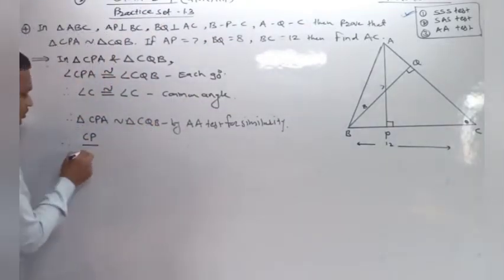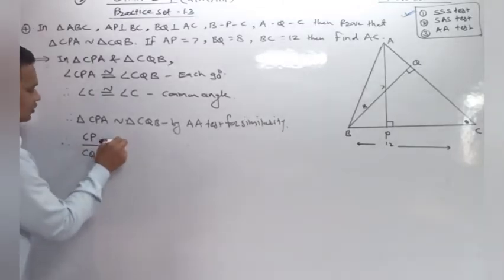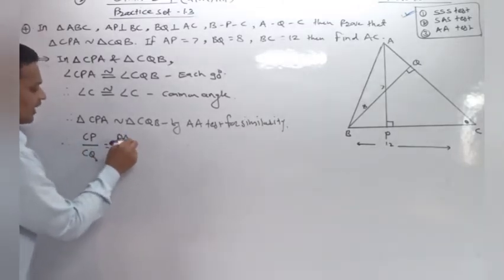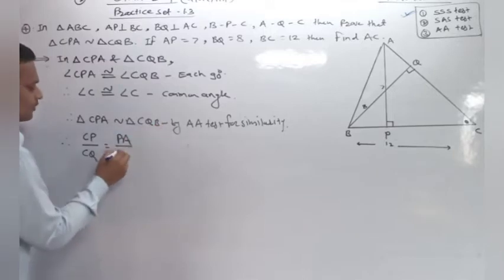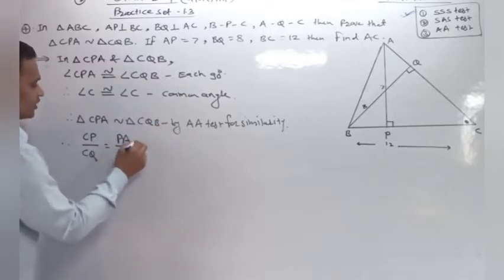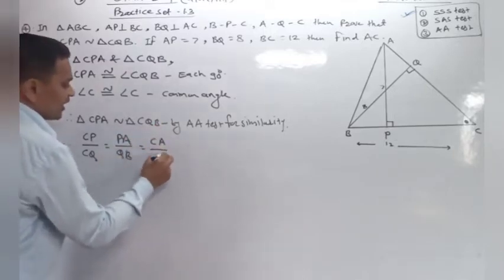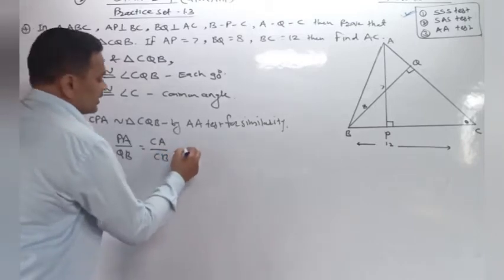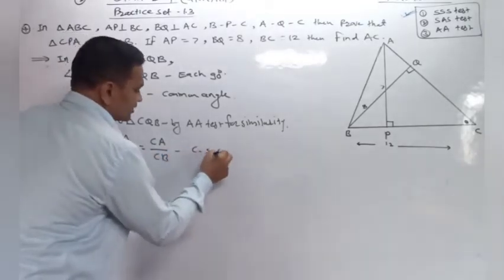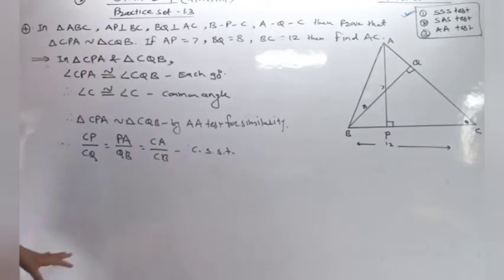CP divided by CQ equals PA divided by QB equals CA divided by CB. Why? Corresponding sides of similar triangles. Now write the values.